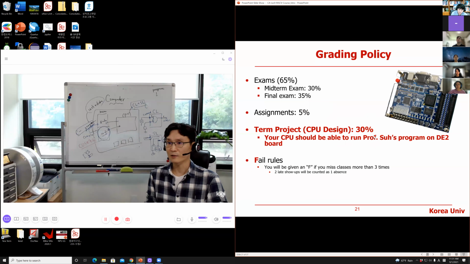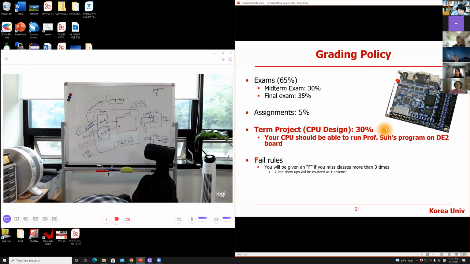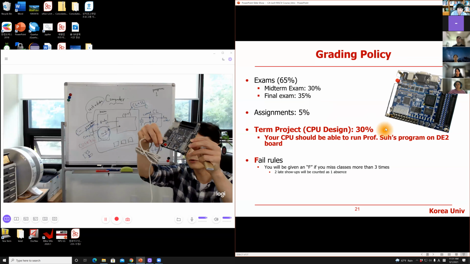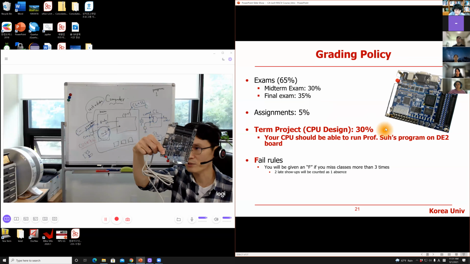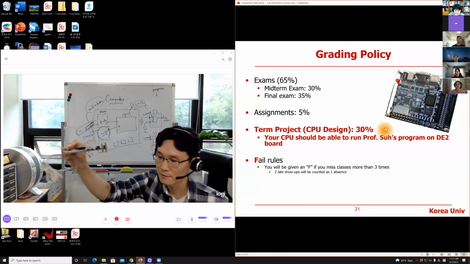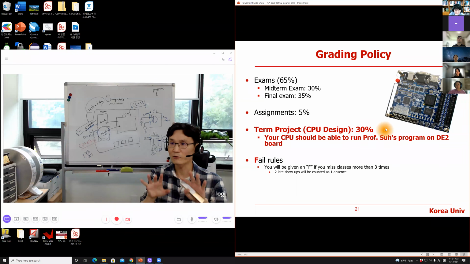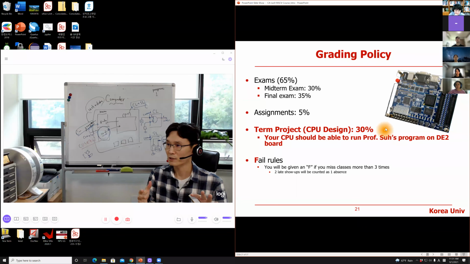That is the hardware system you are going to use. This is the hardware system we are going to use to test your CPU design. You are going to design a CPU on your computer, describing hardware using the language.